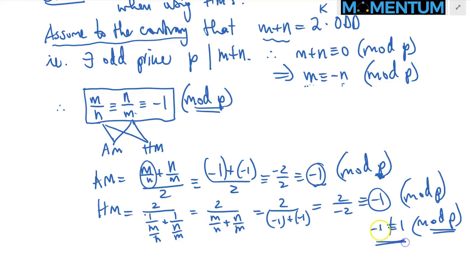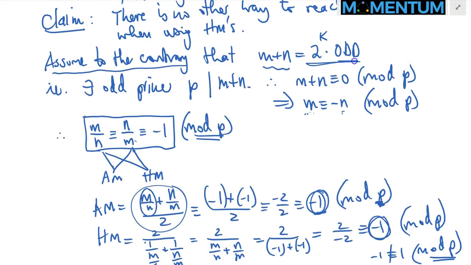No, we cannot reach 1. You repeatedly keep applying this procedure. Every new number that you create will still be congruent to minus 1 mod p, whatever combination you take, and this process will never end. So this is a contradiction. Therefore, no such thing. For any m plus n with a prime factorization like this, it's not going to work.